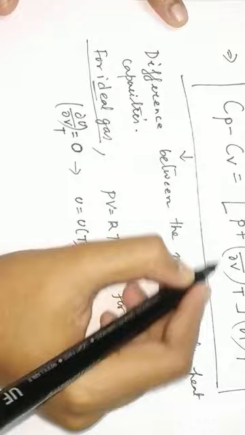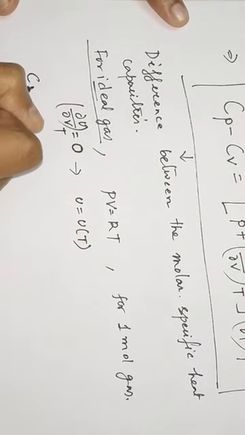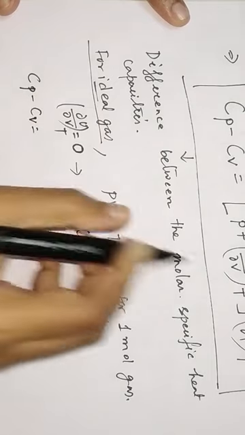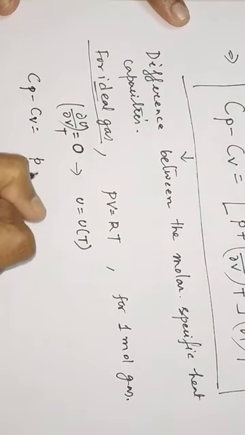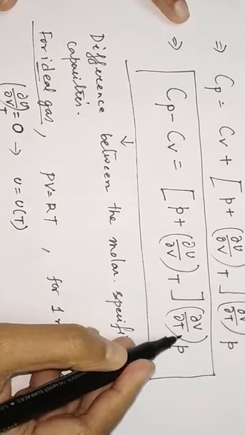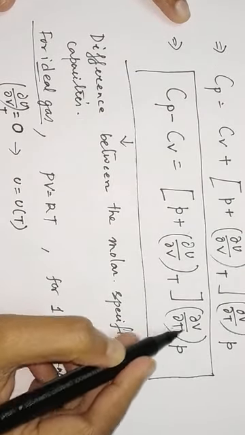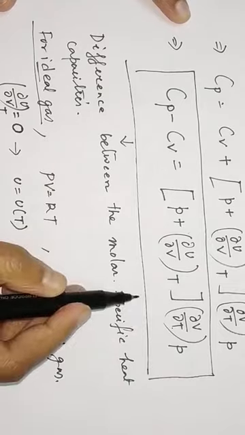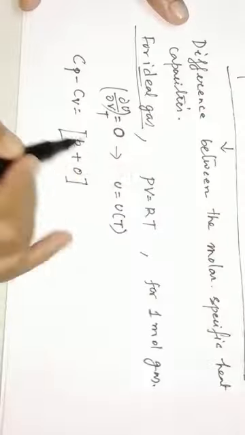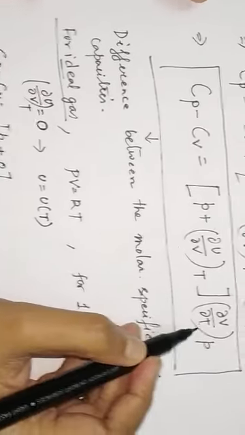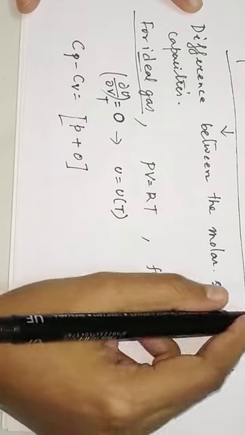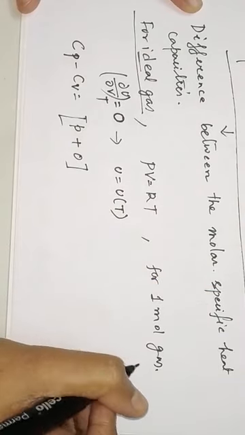So for an ideal gas, what will be the value of Cp minus Cv? Del U/del V is 0, so we have P plus 0 into this term, del V/del T at constant P. So for an ideal gas, what is del V/del T at constant P?